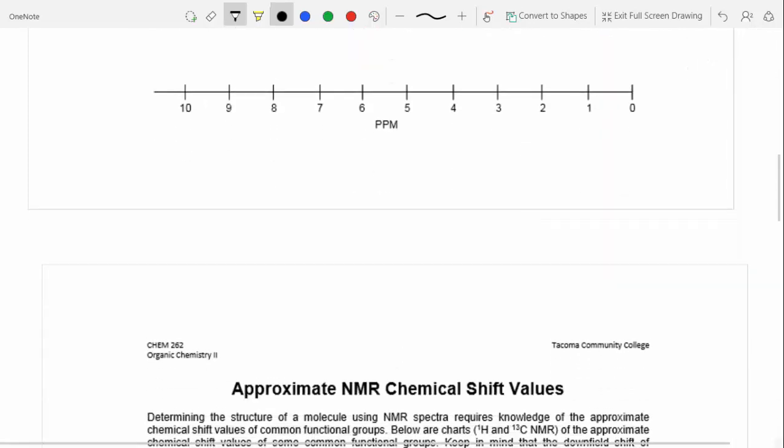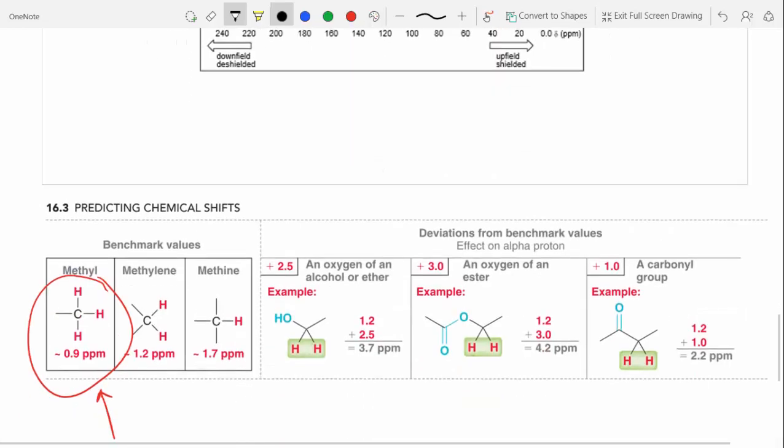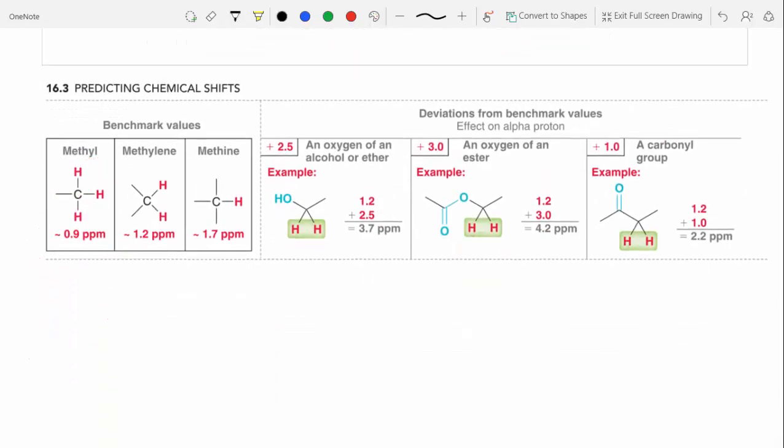So let's go back down to this Klein table because his is a little bit more accurate. The blue protons are a CH. It's not a CH2. It's just a regular single proton coming off of a carbon. So we've got this base value of approximately 1.7. It's called a methine.